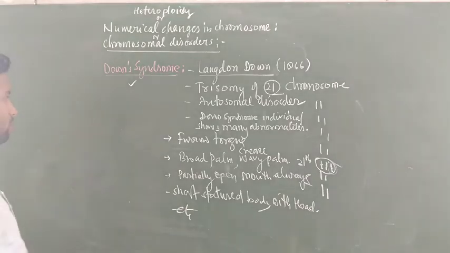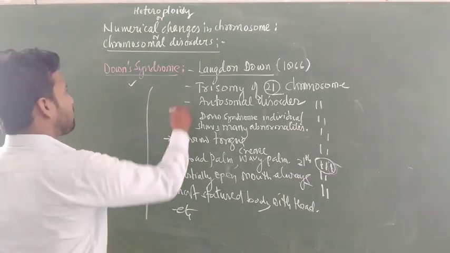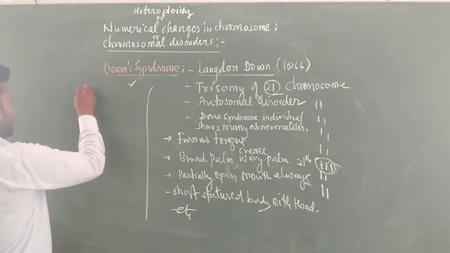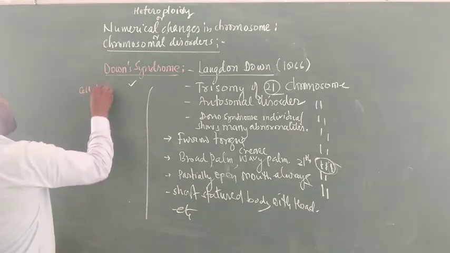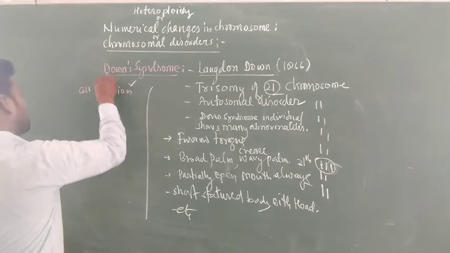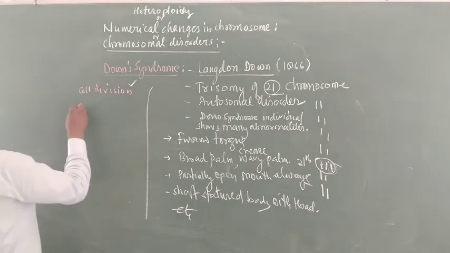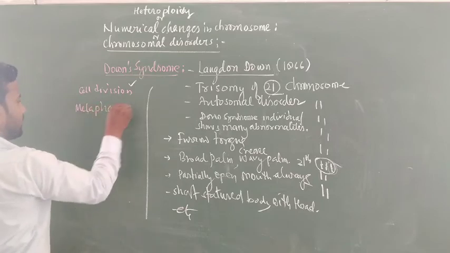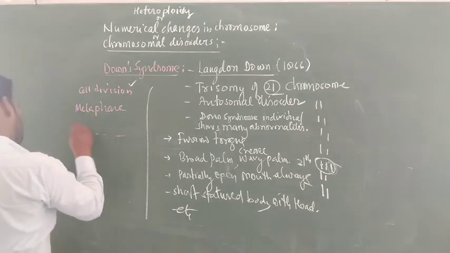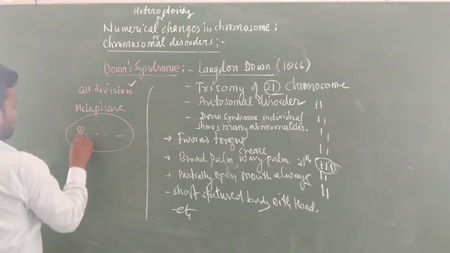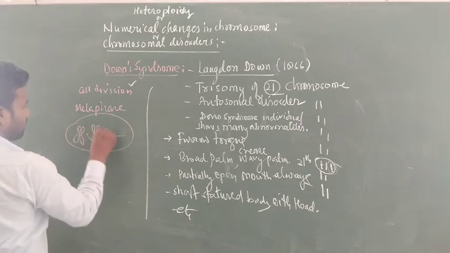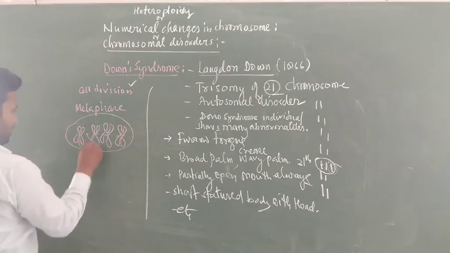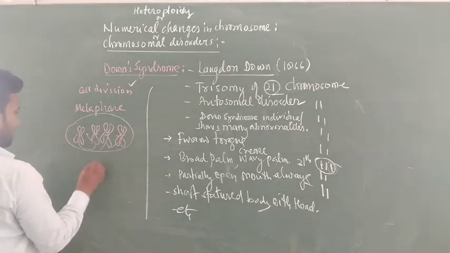Now, how do these abnormalities arise in the chromosomes? You know, students, that at the time of cell division, at metaphase stage, the chromosomes arrange on the equatorial plate. Chromosomes are not segregated easily.